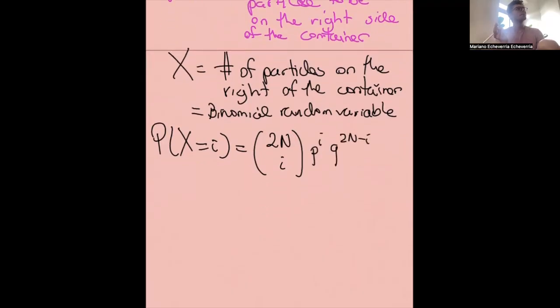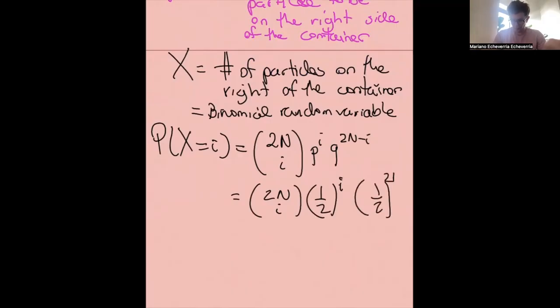Here p and q are both one half, so it's the perfectly symmetric Bernoulli binomial random variable. So it's 2n choose i, one half to the i, and q is the complement, so it's also one half, to the 2n minus i.